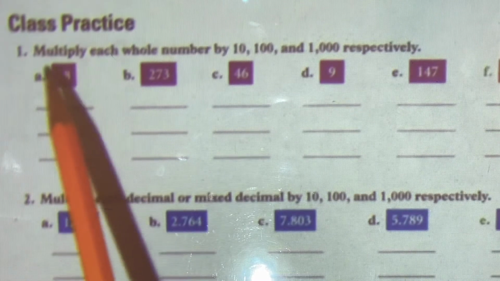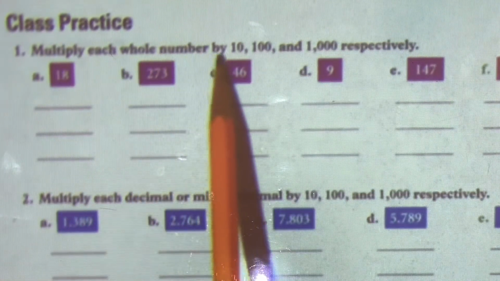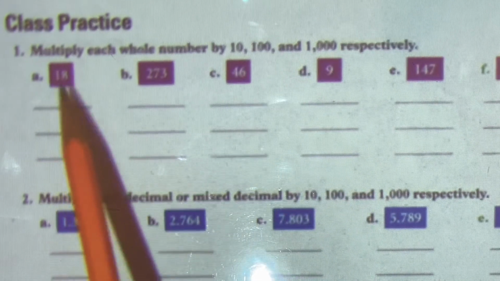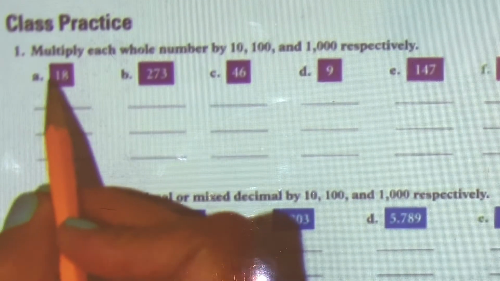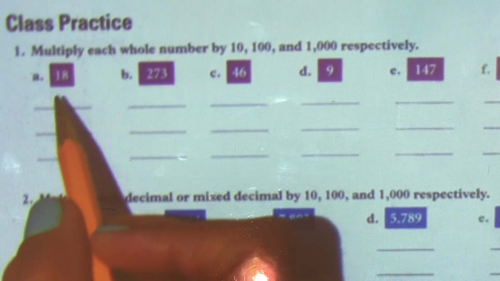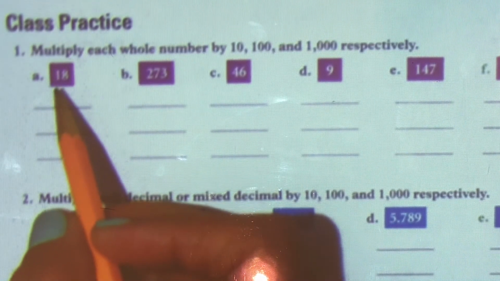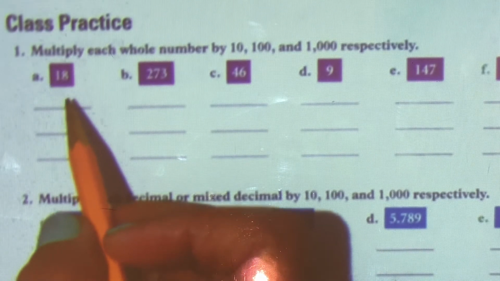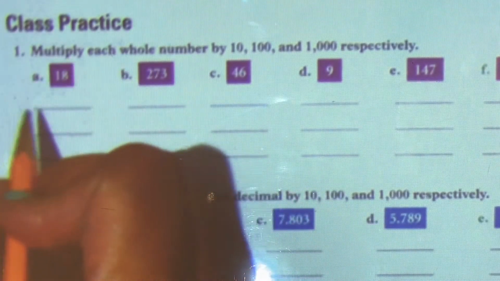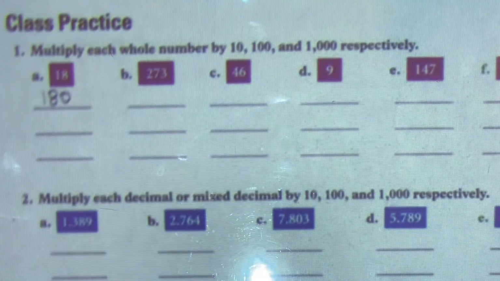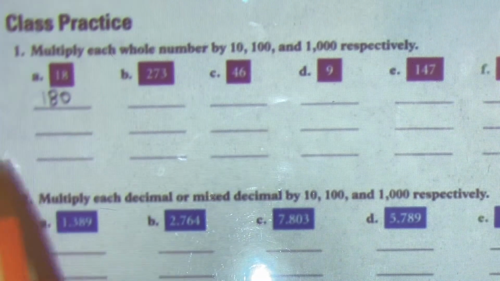Here it says multiply each whole number by 10, 100, and 1000. So the number that they gave us is 18. So it's a whole number. If I take the 18 and I multiply it by 10, I already know that I have to add 1 zero to the number, so that's going to make it 180, okay?